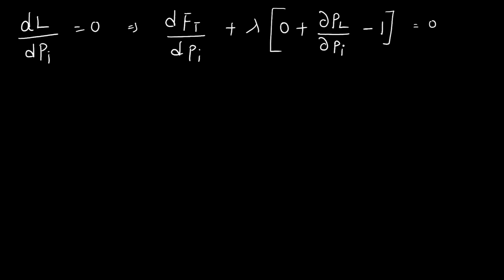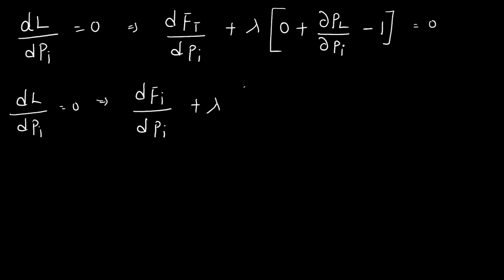And even in FT also, only Fi is a function of this. So again, dL by dPi, you are going to get dFi by dPi plus lambda into dou PL by dou Pi minus 1 is equal to 0.